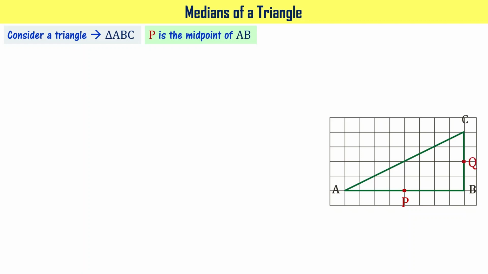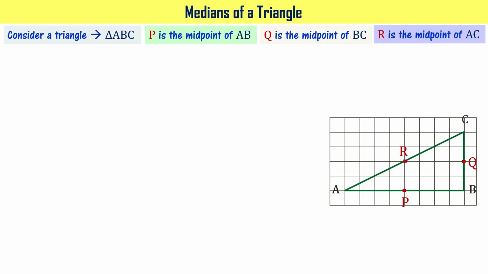Similarly, point Q is the midpoint of BC, right? Let me mark point R. You see here, the length of line segment AR, which I have taken using a red colored arrow, is equal to the length of line segment RC, right?